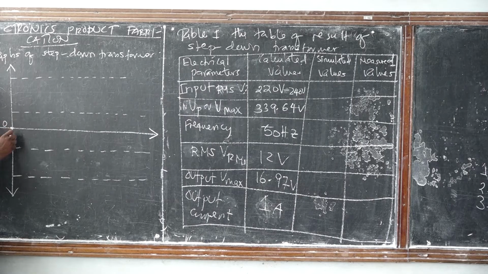So this is 0. So this is V peak, but in. This is negative V peak, but out.